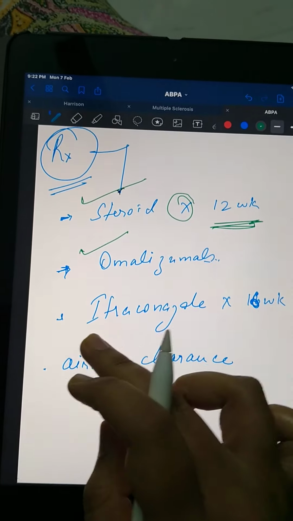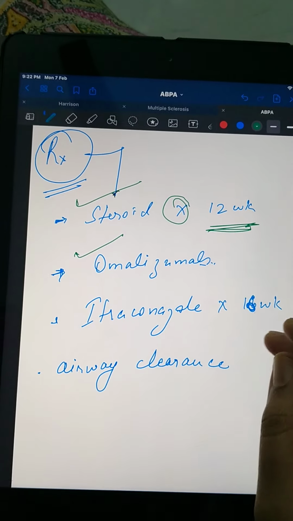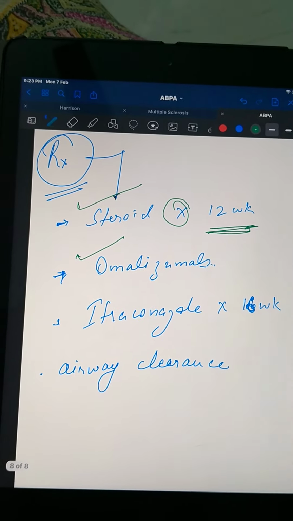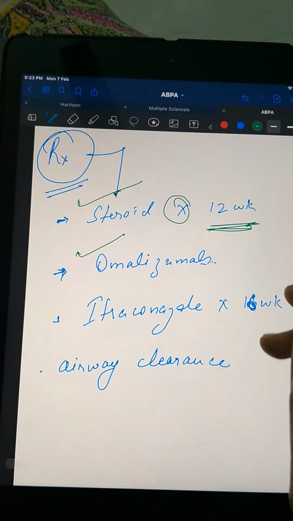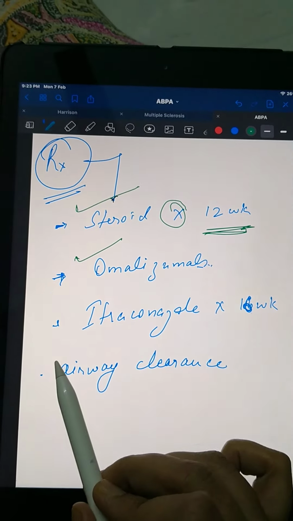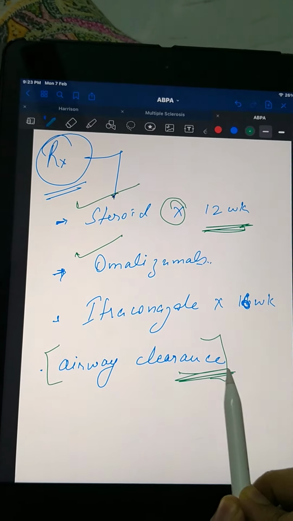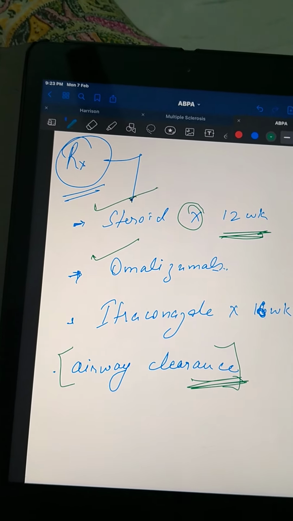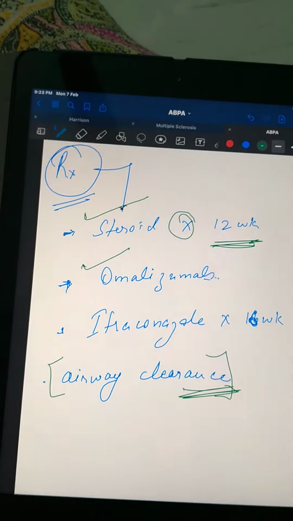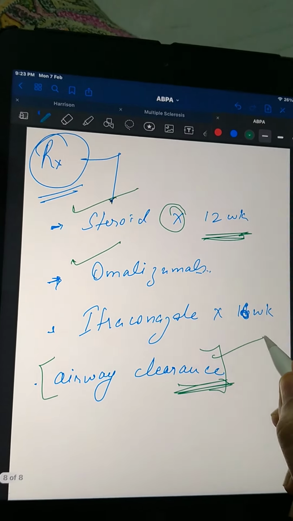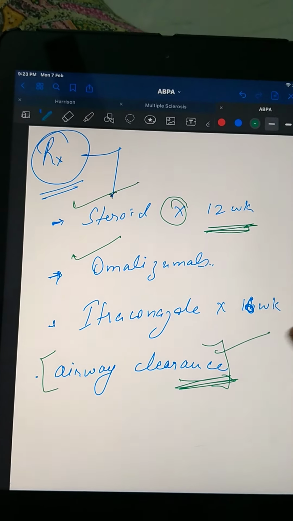The antifungal itraconazole is also effective, usually given 200 milligram BD for about 16 weeks. Conservative management is airway clearance with normal saline or salbutamol, because there is mucoid plugging and the airway should be cleared.